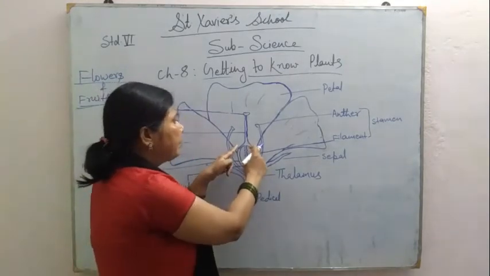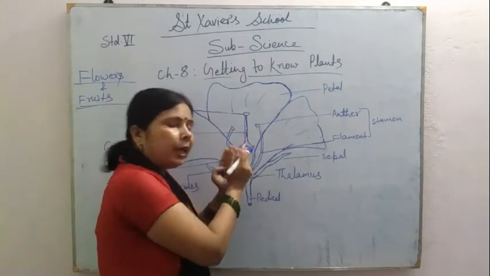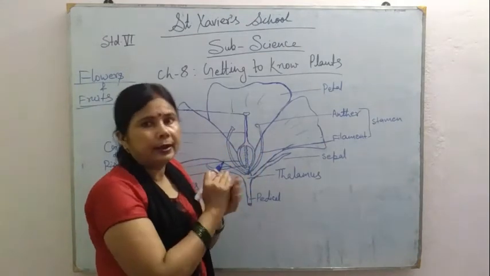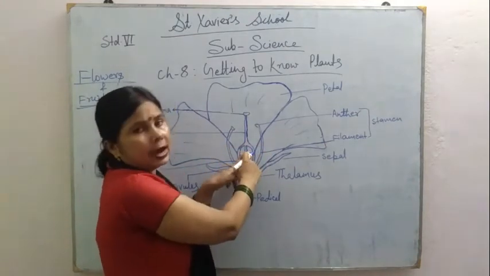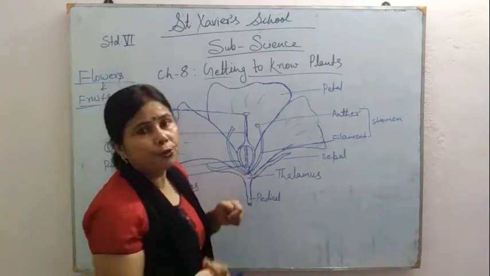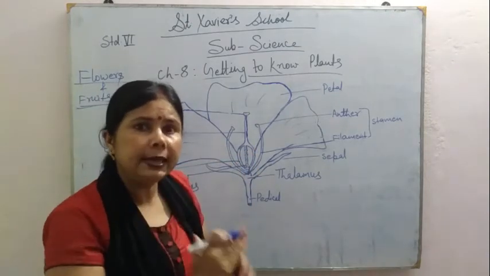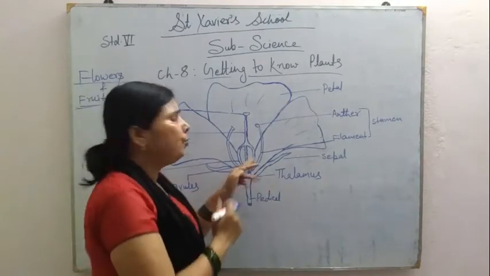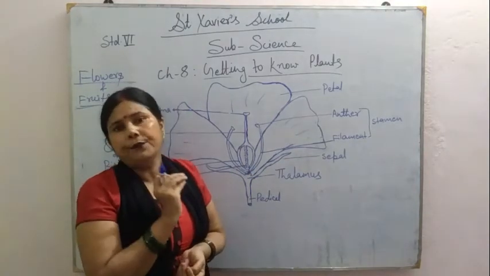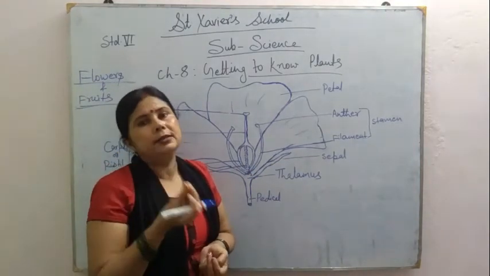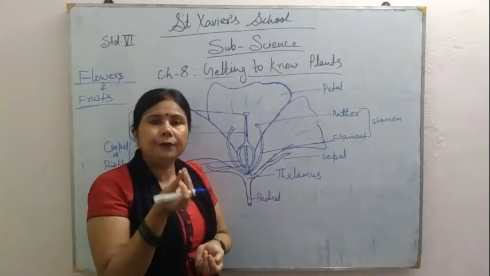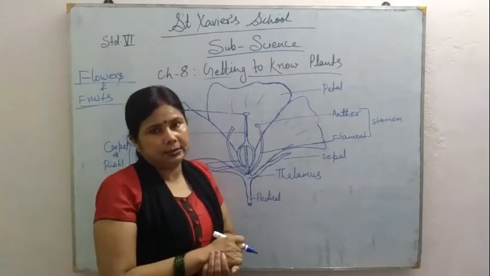After pollination फूल करके वो क्या बनाता है? Fruit बनाता है. And the ovules inside the ovary change into what? Change into seeds. So a fruit is made up of fruit wall and seeds. Fruit में क्या होते हैं? Fruit wall होते हैं and seeds होते हैं.